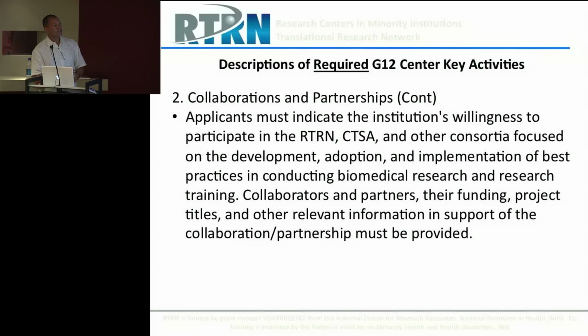So the applicants must indicate the willingness to participate. And willing's important, but there needs to be the removal of barriers. That's also really important. But again, there's the willingness to participate with RTRN, CTSA, or other consortia. And there'll be different consortia depending on areas of research that different institutions will be looking to collaborate with potentially and partner with.